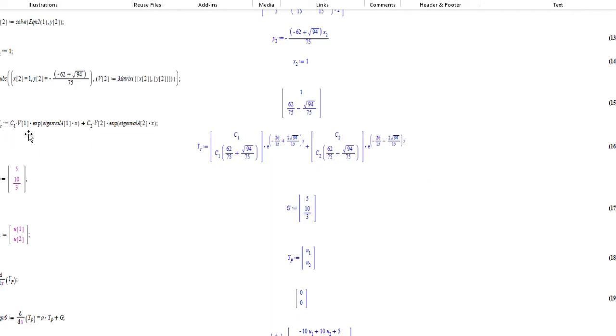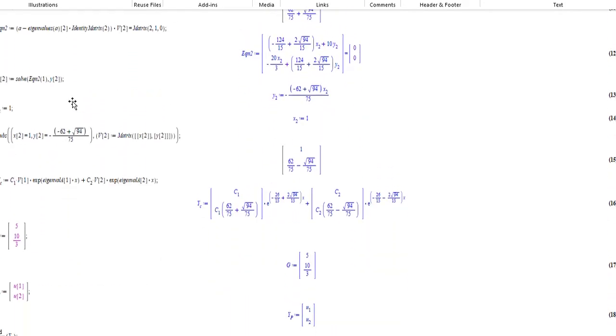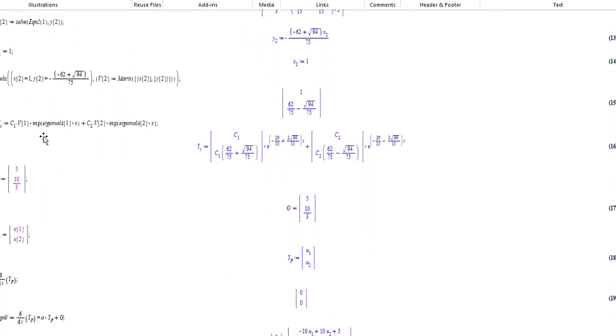To find the yc, we take all the values, which is C1 times V1. V1 is from above, we get exponential exp here, eigenvalue A and x. Eigenvalue A is the value of lambda.